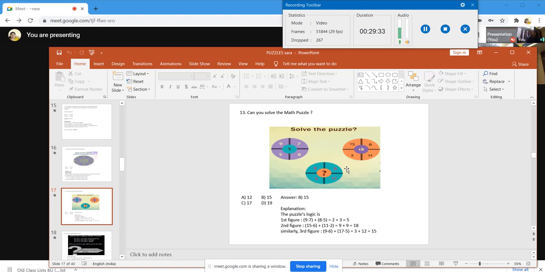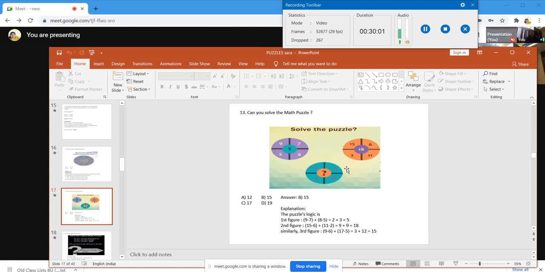So this is a puzzle, and they have given a diagram with a number in all the quarter portions as well as in the middle. So we can find some relation between these. See the first one: 9, 7, 5, 8, and in the middle 5. What will be the relation? The middle one is a very small number, so definitely it will be some subtraction. 9 minus 7 is 2.